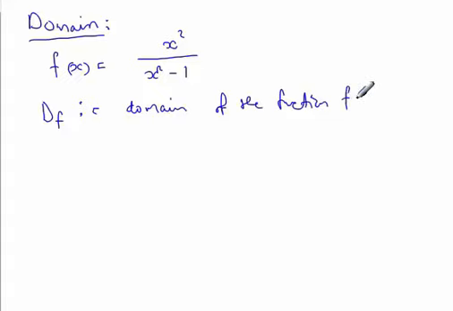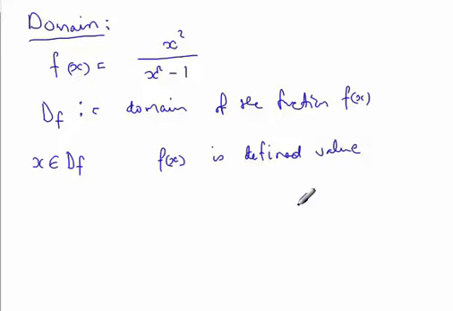f of x. Now, when am I going to say x belongs to the domain of f? I'm going to say x belongs to the domain of f only when f of x is a defined value. What do you mean by defined value? I mean f of x makes sense to me as a number.